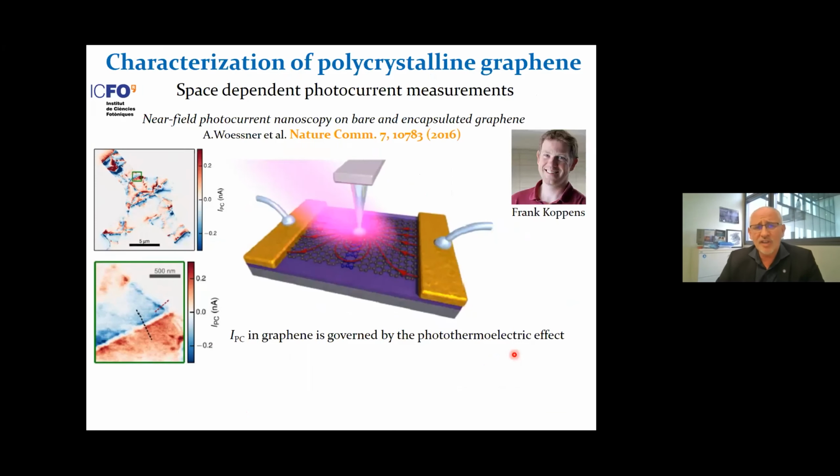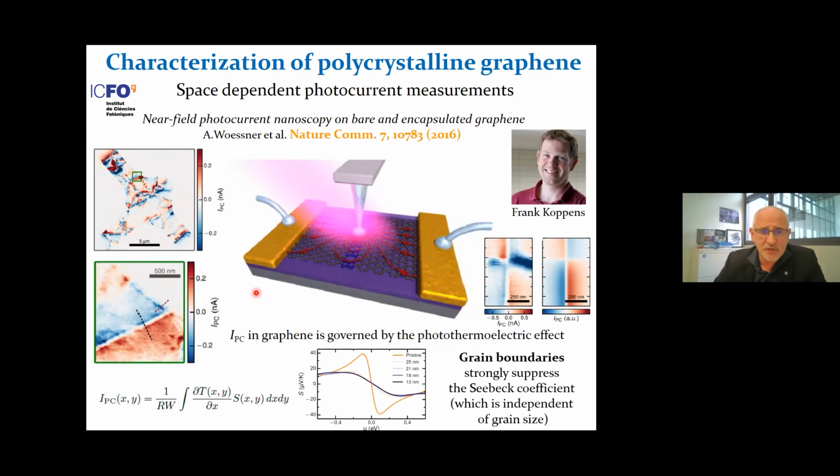So now, how can we characterize a polycrystalline graphene and all these grain boundary networks in quite some detail? One of the methods that was developed by ICFO, by Koppens and coworkers, was to use a near-field photocurrent nanoscopy. This is a very nice approach, and here you see the picture of this polycrystalline graphene, and particularly you see an alternation between red and blue zones, which are related to the sign of the photocurrent.